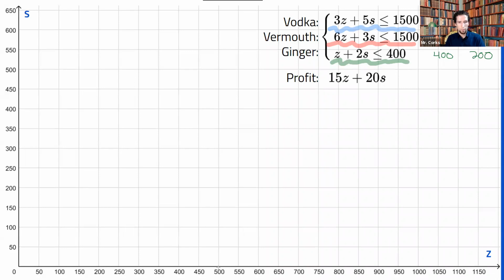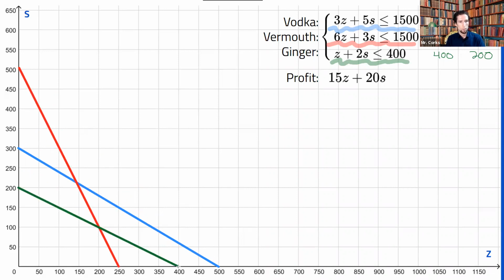So Z 500 and S 300. The red one 250 and 500. And the green one is 400 and 200. Like this.